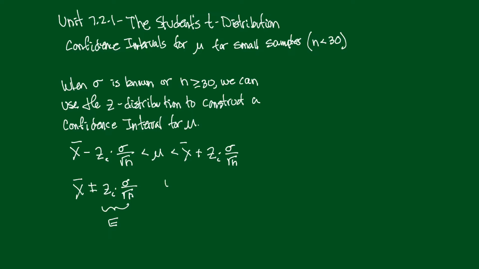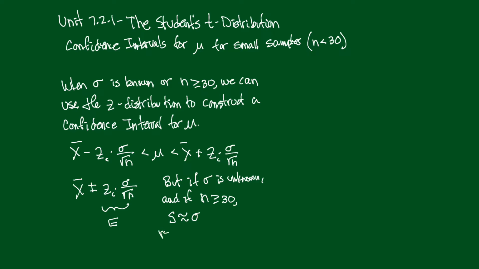But also, if sigma is unknown, so you don't know sigma, but n is greater than or equal to 30, then s is almost equal to sigma.